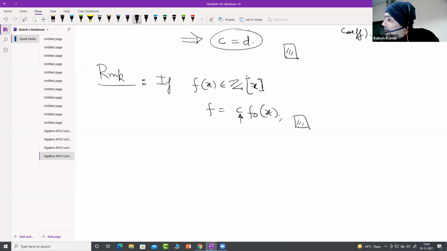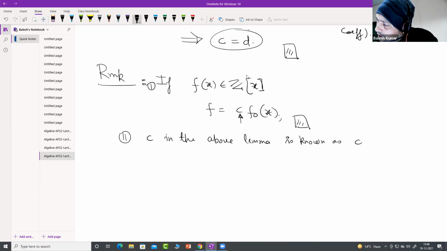And the second thing: C in the above lemma is known as the content of, let's say, the polynomial f. This is just terminology.